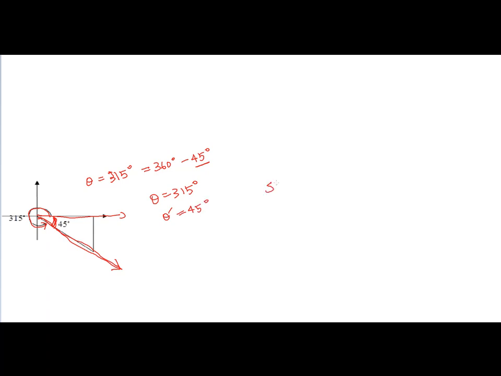So here, sine 315 is equal to plus or minus sine 45 degrees. But all functions positive: sine is positive in quadrant 2, tangent positive in quadrant 3, cosine positive in quadrant 4, which means in quadrant 4 sine is negative.